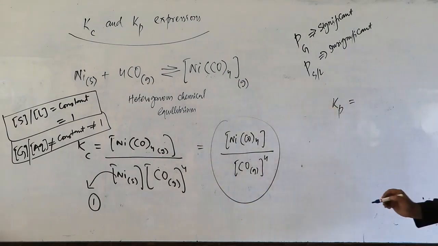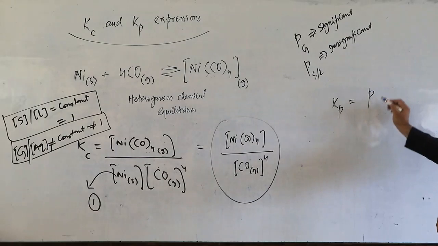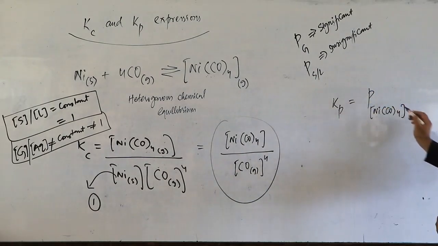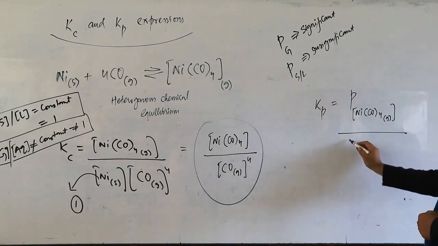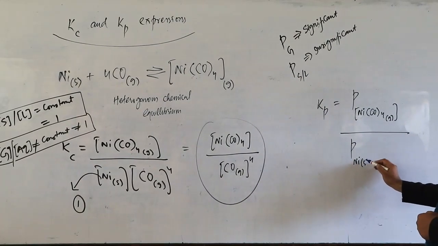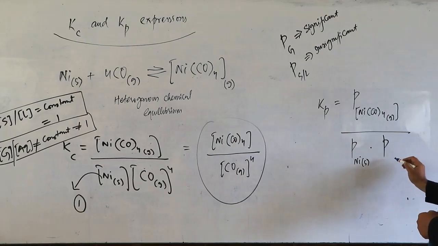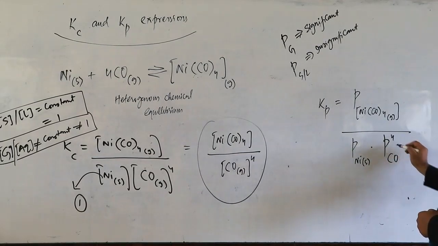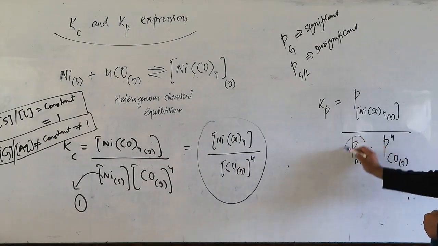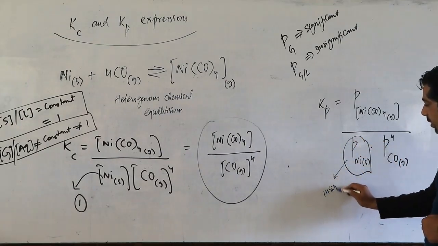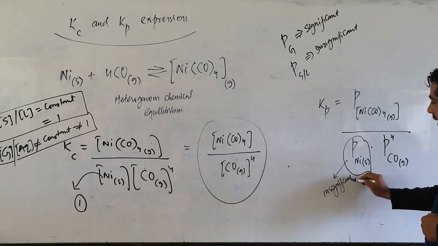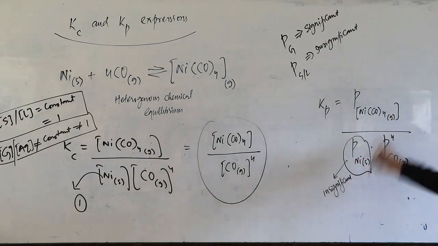Kp is equal to partial pressure of the product, NiCO4, which is in gaseous state, divided by partial pressure due to Ni, which is in solid state, into partial pressure due to CO, which is in gaseous state. Pressure due to nickel is in solid state, so it is insignificant and negligible, so you can neglect it. Not required, so remove this.